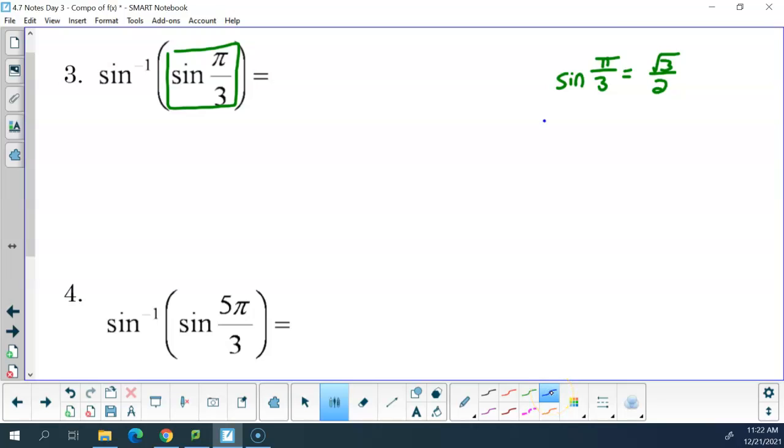Inverse sine of square root 3 over 2 is pi over 3. Right half of the unit circle. Where is sine square root 3 over 2? That's at pi over 3.